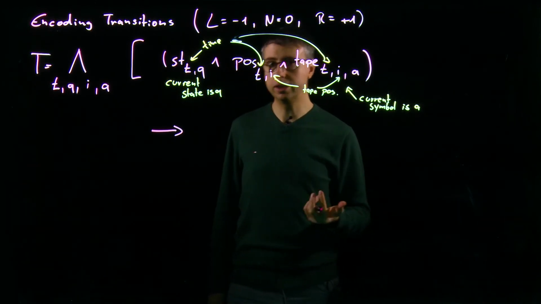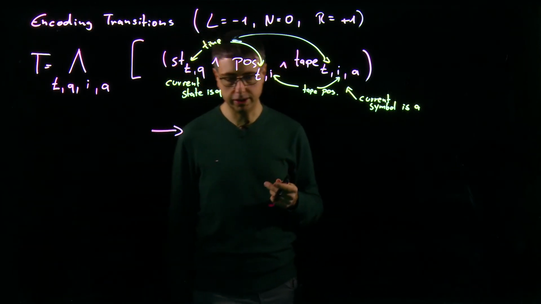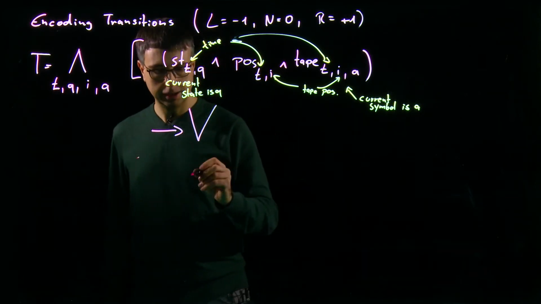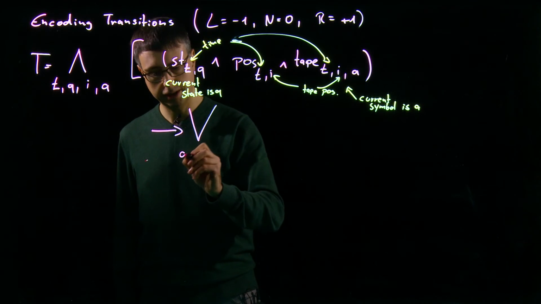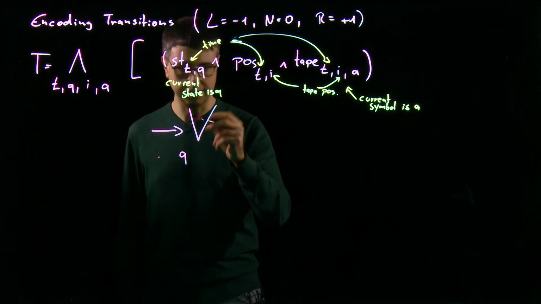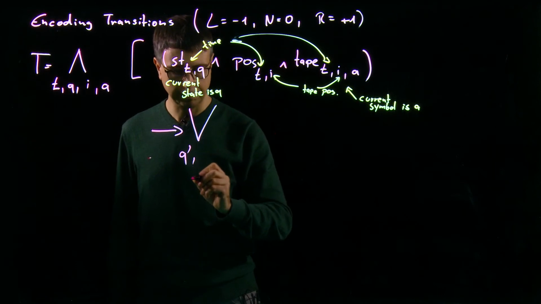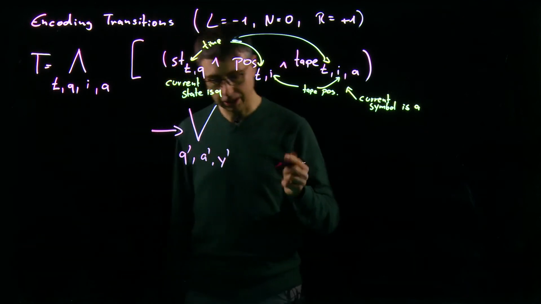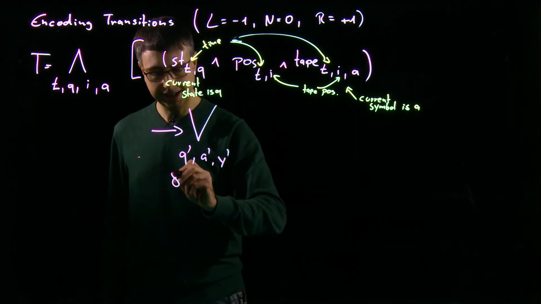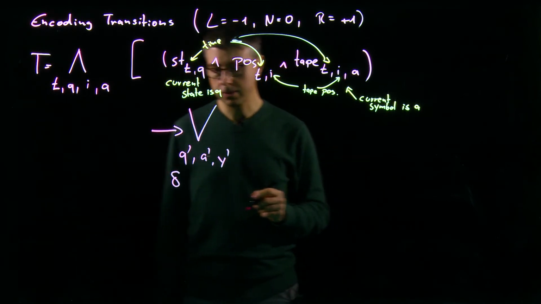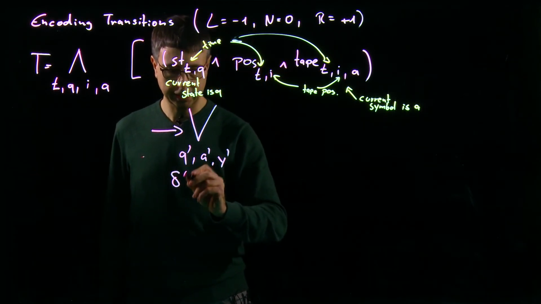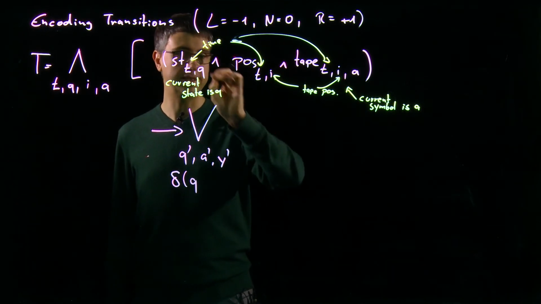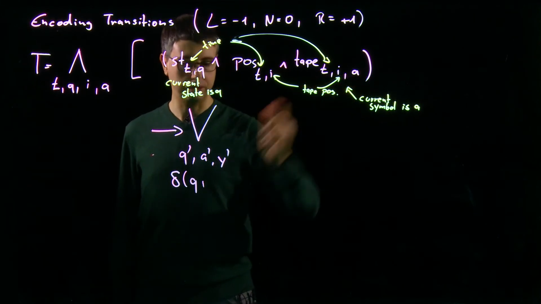The Turing machine is non-deterministic, so there might be multiple alternatives, and it can choose one, so it's a disjunction. It's a Q prime, A prime, Y prime, and how is this determined? We check the delta, the transition relation of the Turing machine, and check what happens if we are in state Q and read an A, which we have specified here.